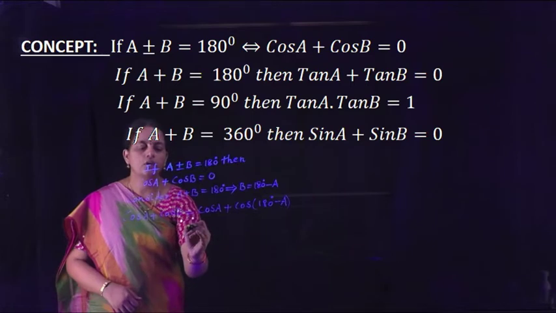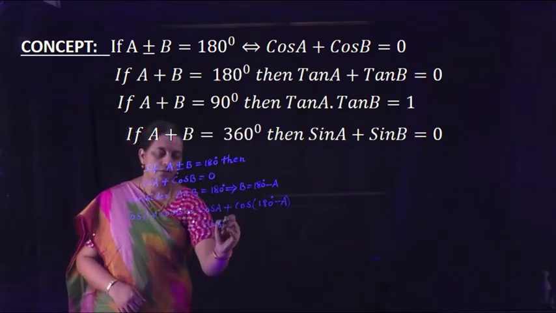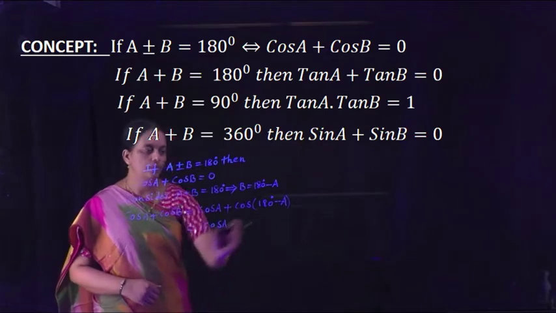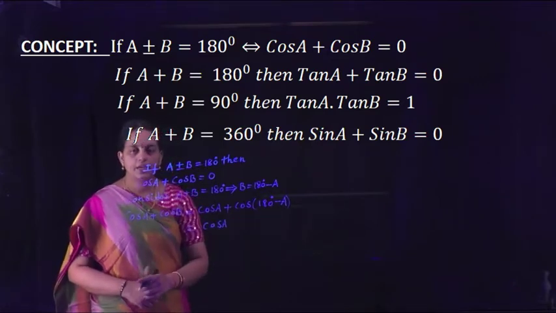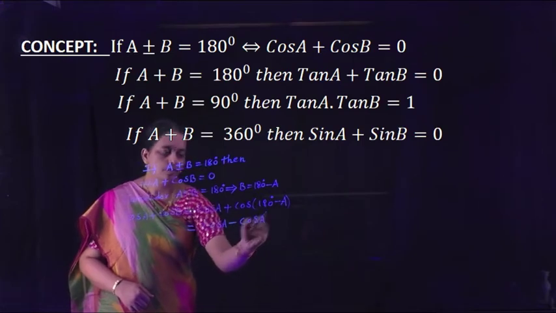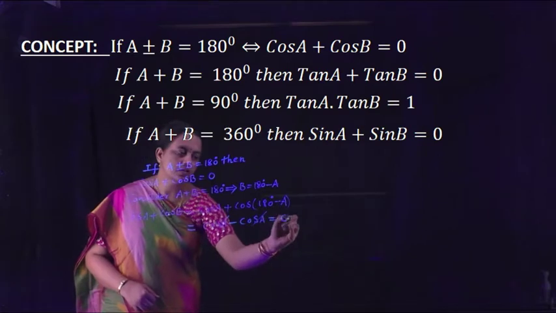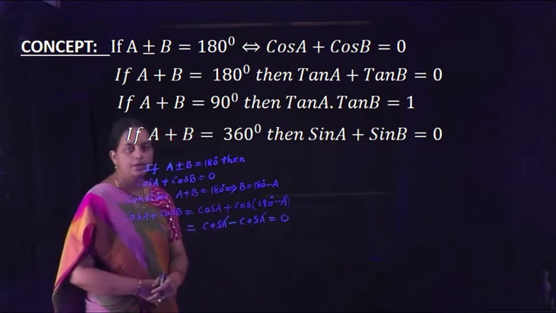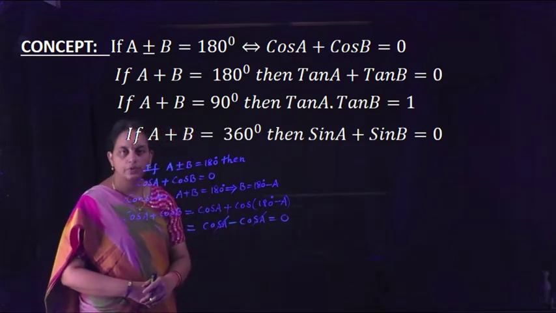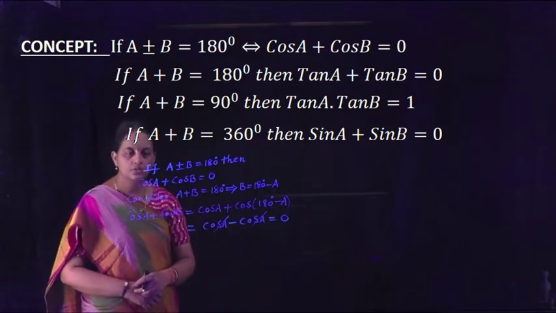In the second quadrant, cos has negative sign. Therefore, cos of 180 minus a means minus cos a. Minus cos a plus cos a gets cancelled. This is equal to 0. Therefore, if a plus b equal to 180, then cos a plus cos b equal to 0.